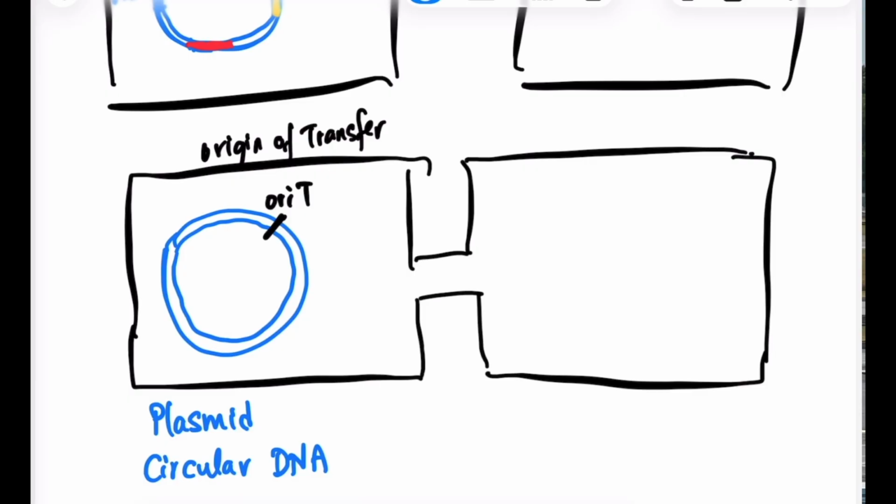Okay, so when this part is cut, they will actually do what? They will separate here. So it actually detaches. So they will create a nick and detach. So this is the 5' end.